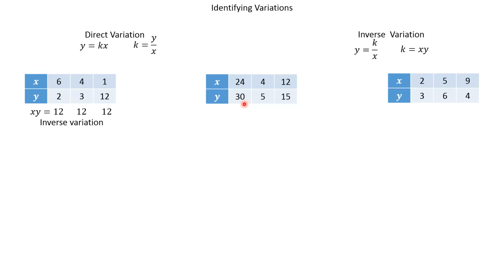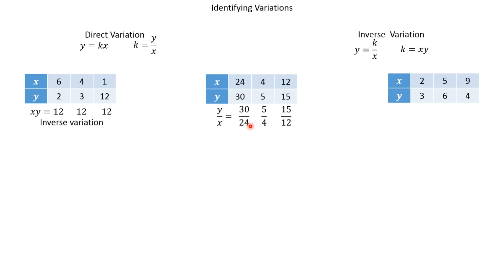Looking at this one, if we went to multiply these, 30 times 24 is not going to be equal to 4 times 5. So let's try it, see if it's direct variation, see if we can find a ratio. We'll have 30 over 24, 5 over 4, 15 over 12.